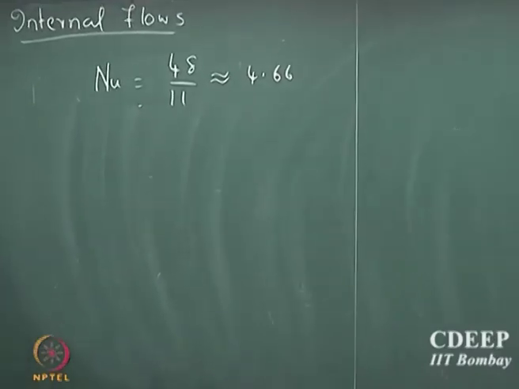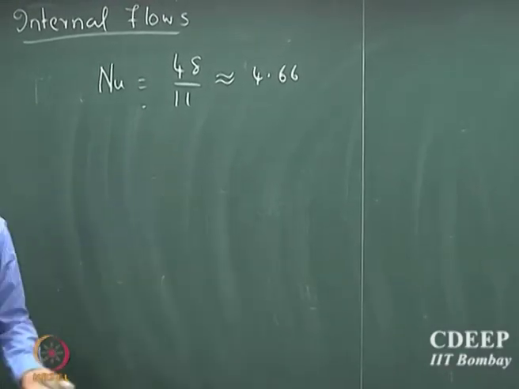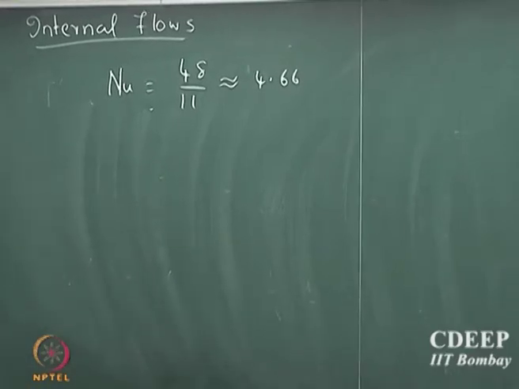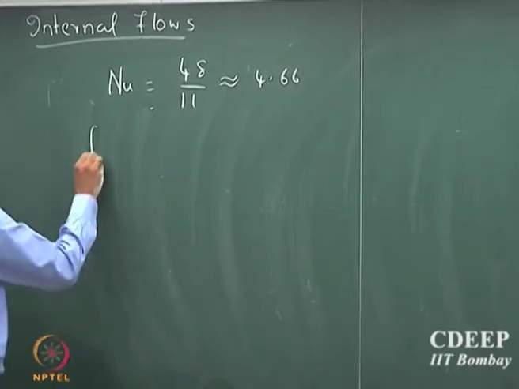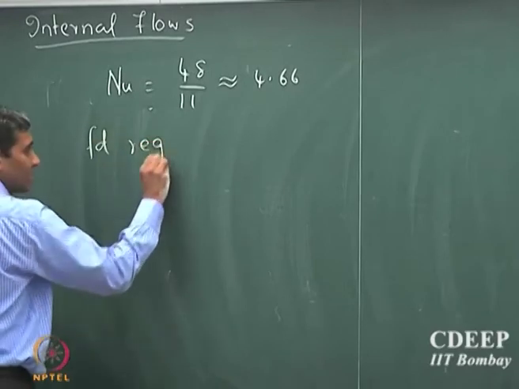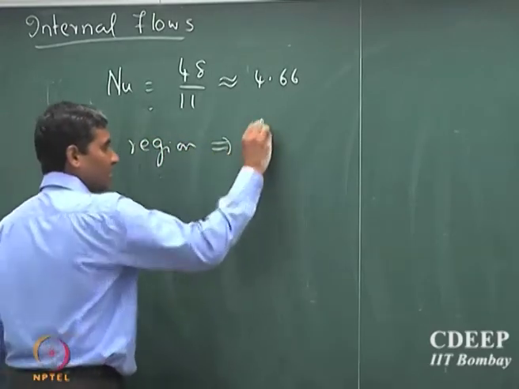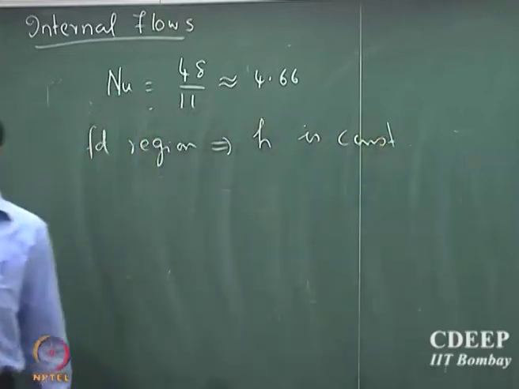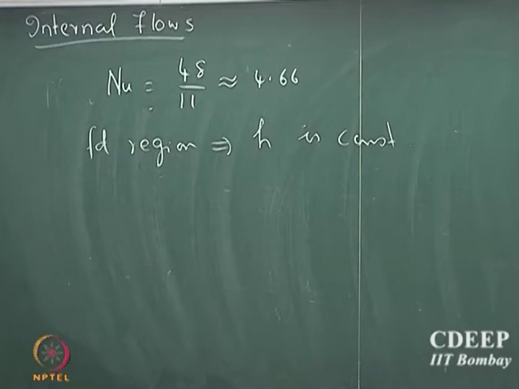Why are we getting it constant? Because the heat transport coefficient is constant, right. So in a fully developed regime, we find that Nusselt number is also a constant.